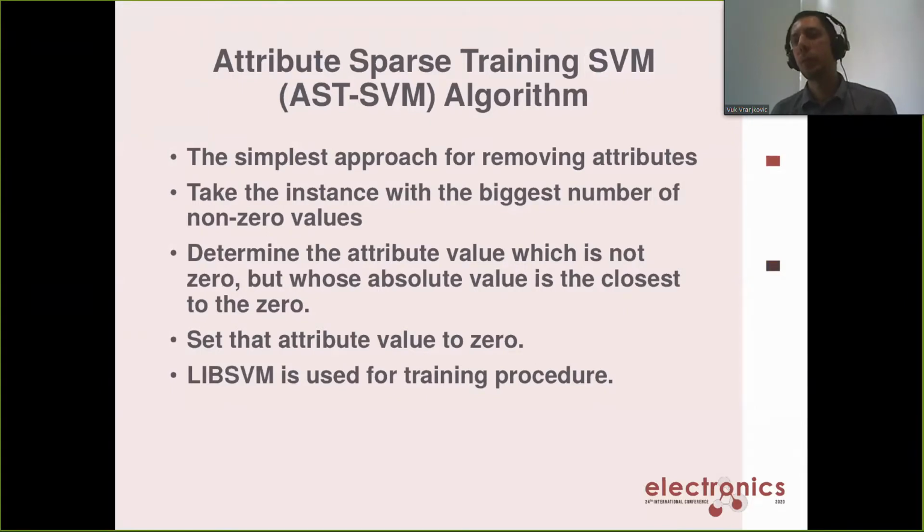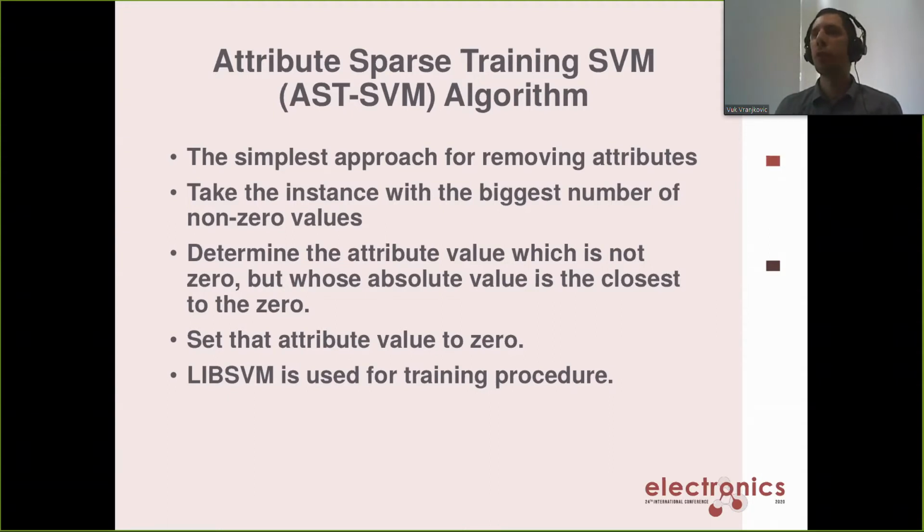And the first problem is how to produce sparse support vector machines. In this paper, we presented the simplest solution. The idea is to introduce zeros into input data set. So we take input data set and we try to find the instances with the largest number of attributes which are not zero, and then in that vector we try to find the attribute which is closest to zero, and we set it to zero.